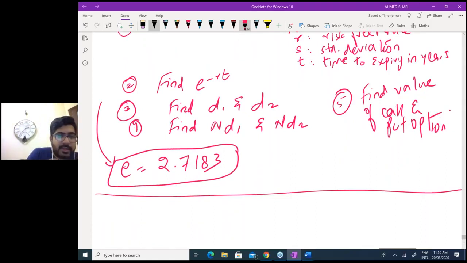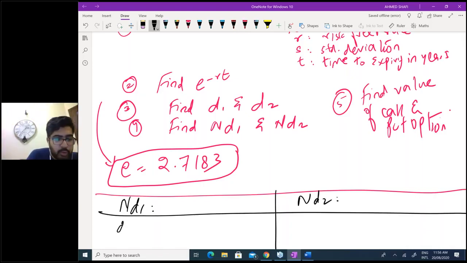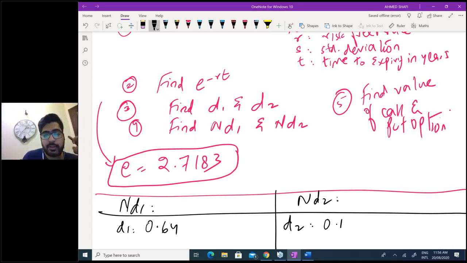Now for Nd1 and Nd2, you need to first find what was d1, what was d2. Pay attention to this. So d1 was, to 2 decimal places, 0.64, and d2 was 0.19, right?